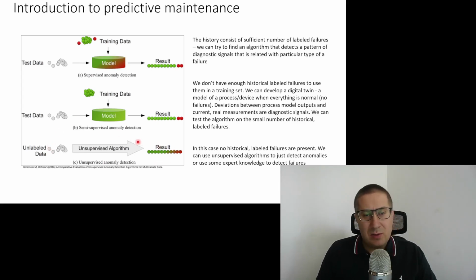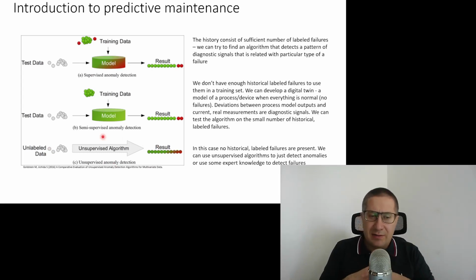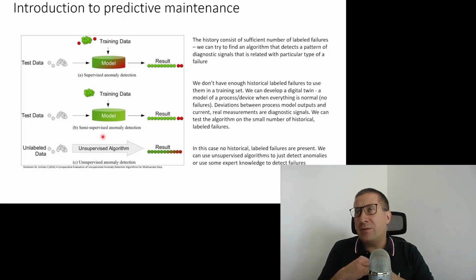And there are also cases where, in fact, we don't have any failures in the history. We are not even able to say what kind of failures are crucial.